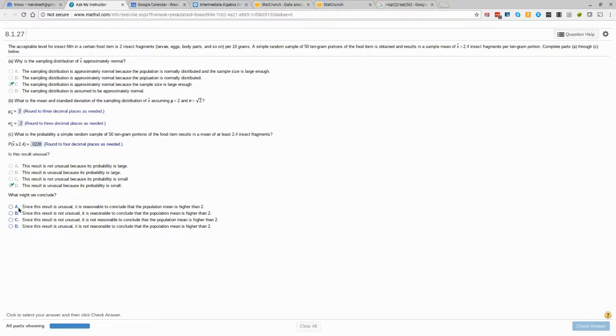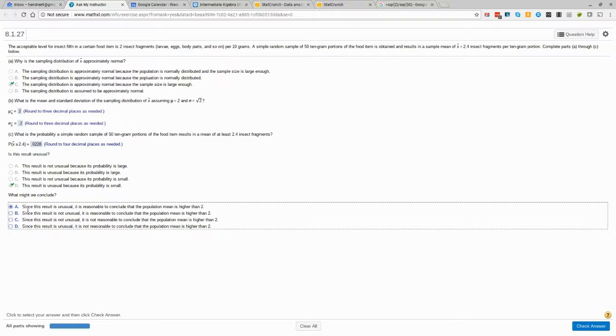So since the result is unusual, it is reasonable to conclude that the population mean is higher than 2. We're going to go with A, right? If the population mean is higher than 2, then getting the sample mean of 2.4 results in a higher probability, which we're expecting. It wouldn't be so unusual.